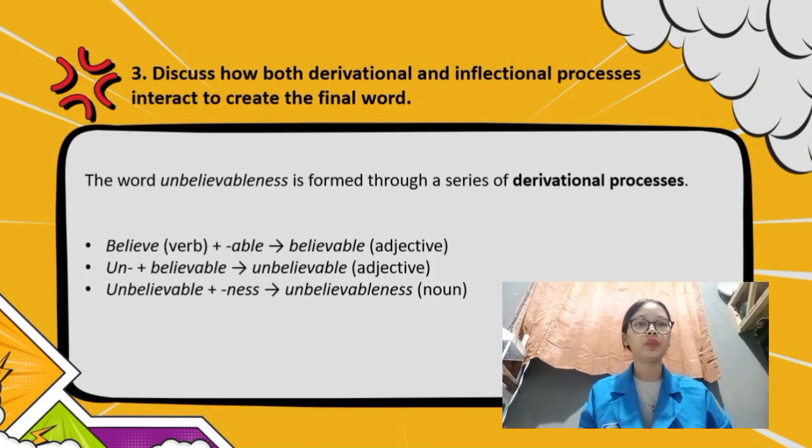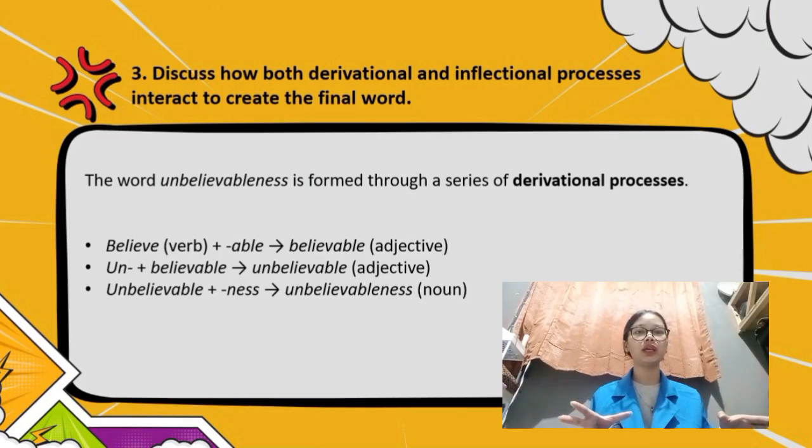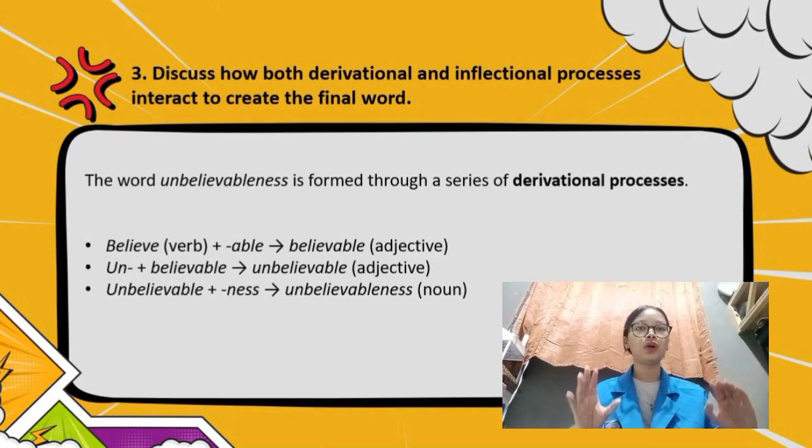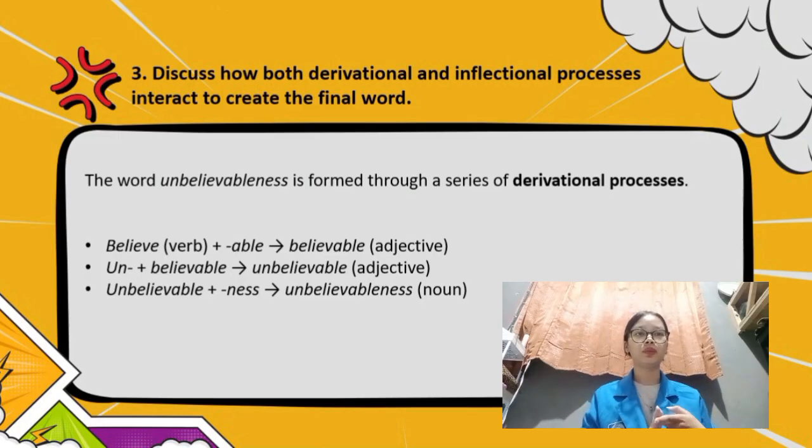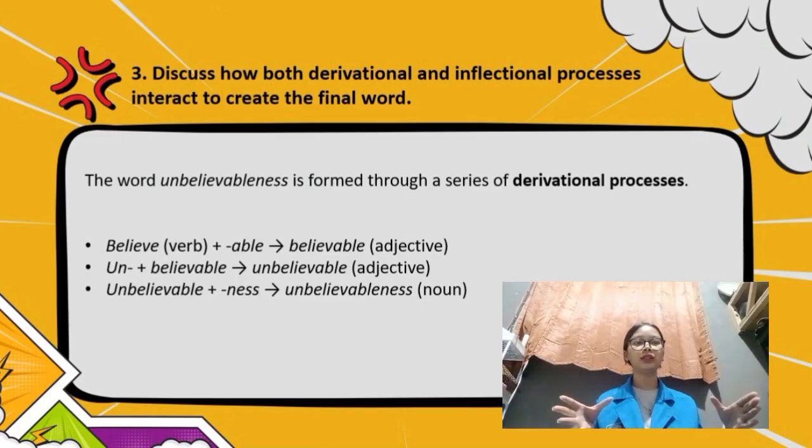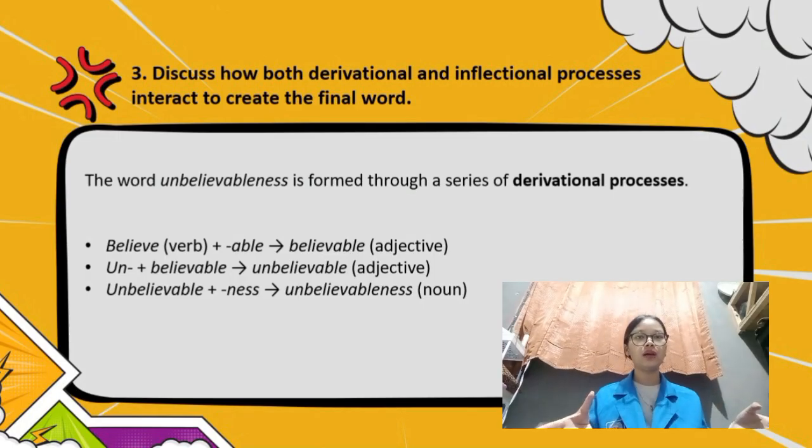We start with the base word believe, which is a verb. When we add the suffix -able, it becomes believable, an adjective meaning able to be believed. Then we add the prefix un-, which changes the meaning to the opposite, forming unbelievable, meaning not able to be believed.